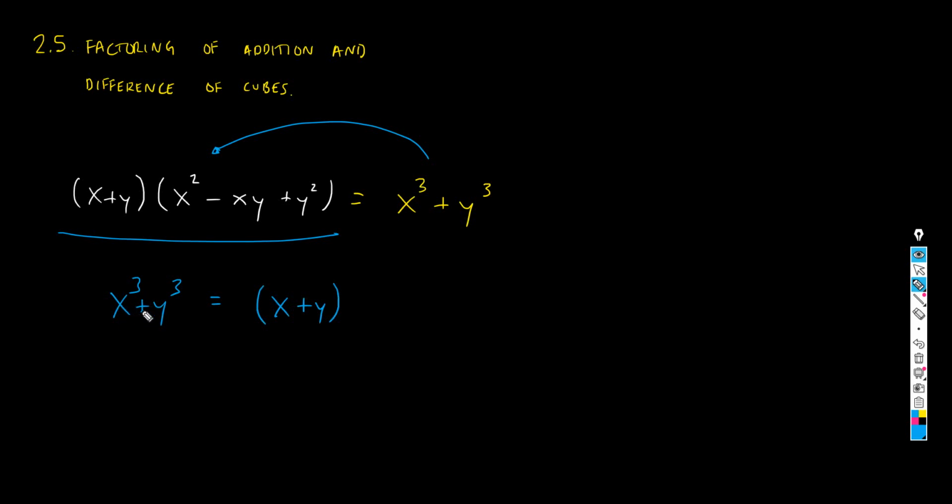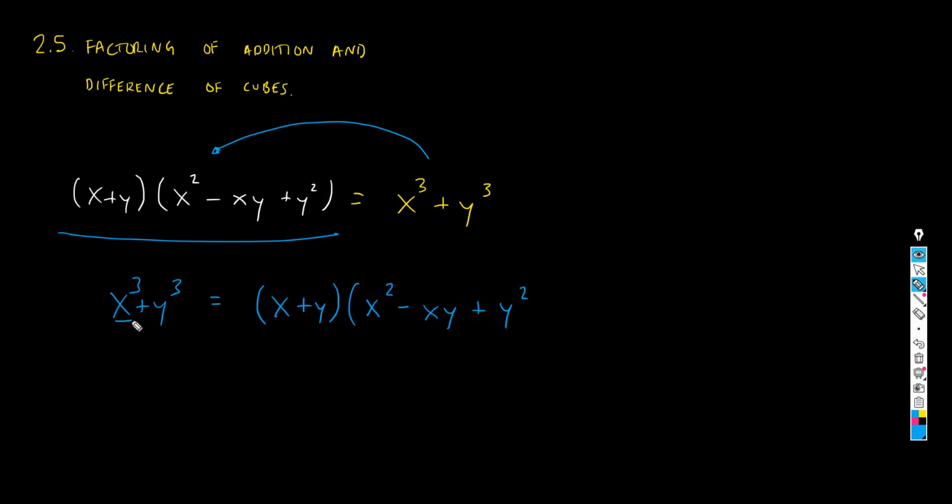One number to the cube plus a second number to the cube is equal to the sum of the numbers times the first number to the square, according to my formula, minus the product of these two numbers, the first and the second, plus the square of the second number.